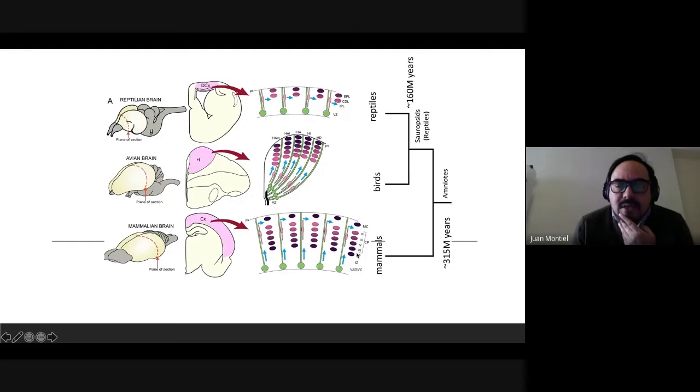Those cells are the first generated neurons, and then they are divided like a sandwich by a new wave of neurogenesis.